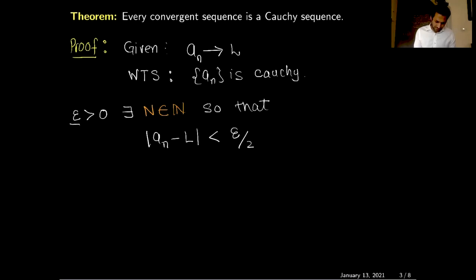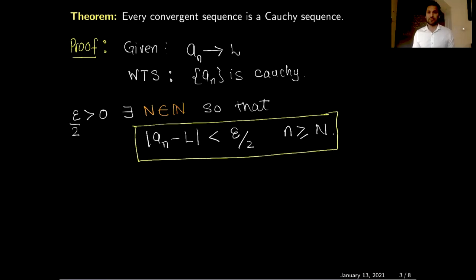Instead of taking epsilon, I will take epsilon divided by 2. So an minus L is less than epsilon half when n is bigger than or equal to that capital number N. So this inequality is given when the little n is bigger than or equal to capital N.